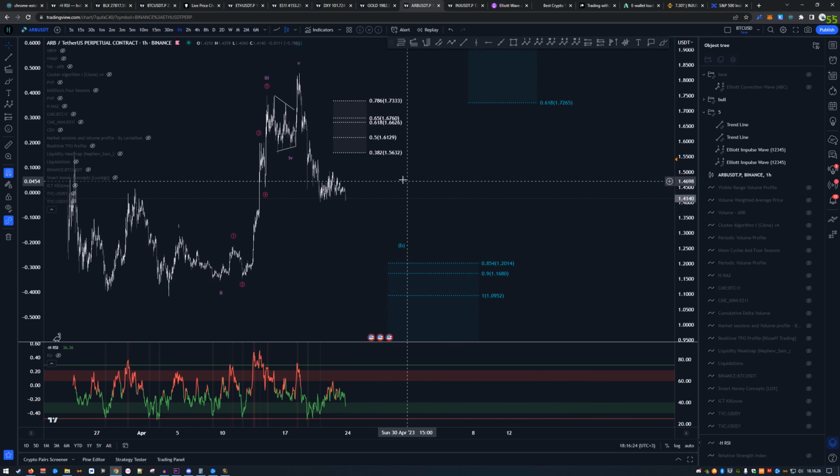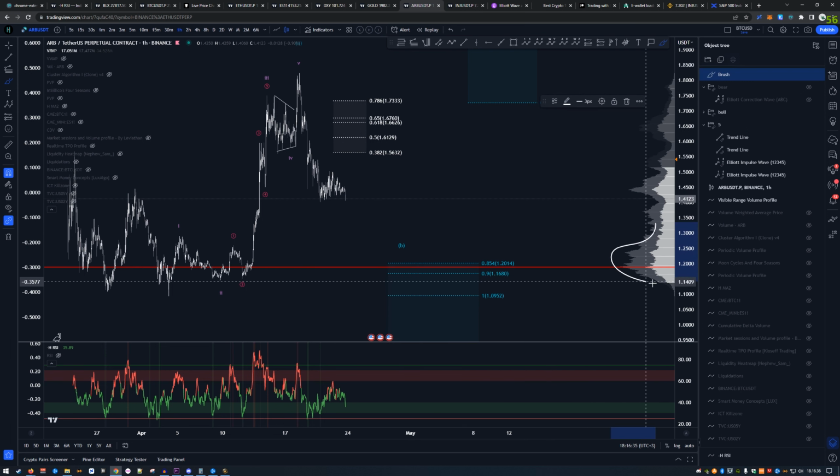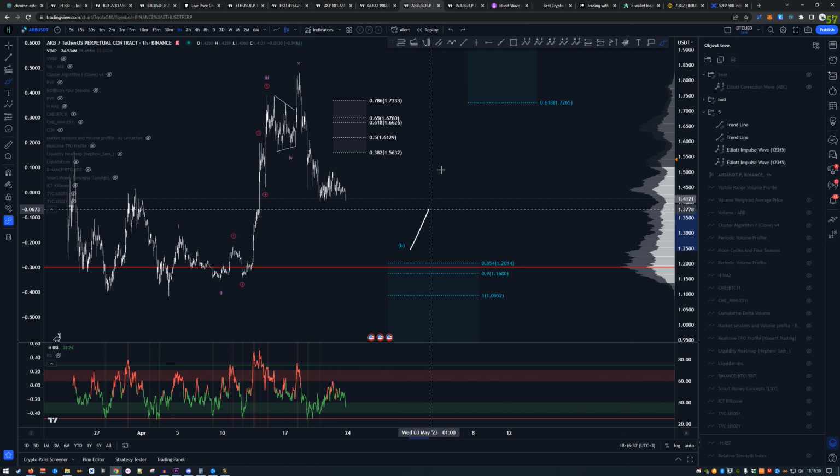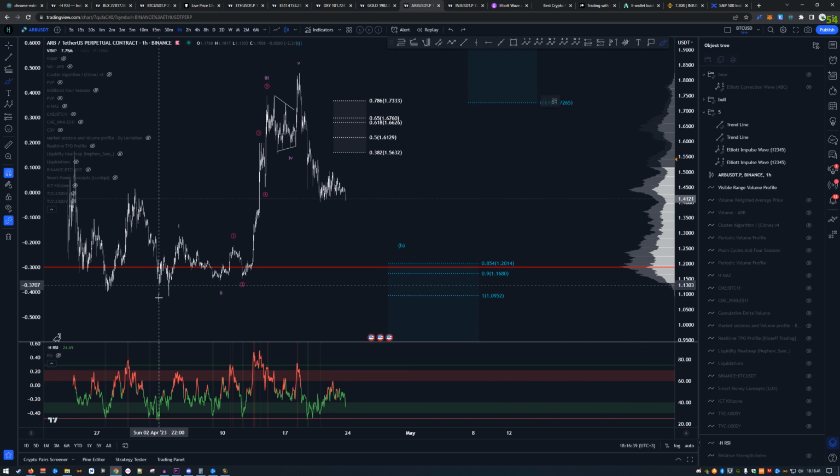In my opinion, we might just want to be waiting for this to play out to the downside, and around here, these areas where we had a lot more volume coming in, we could be looking for those long opportunities against these lows. We're going to be talking about that for sure on the Discord, so that is something to keep in mind. But I think that is pretty much going to be this video for Arbitrum.